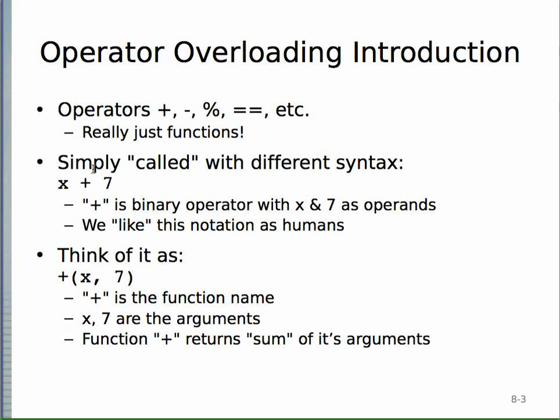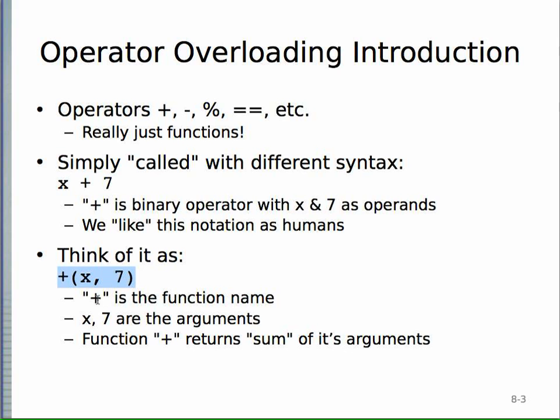We like this notation, that is, we like x plus 7, rather than saying plus x 7. That's not so intuitive, mainly just because of the way mathematics has evolved. We like looking at expressions like this. But in fact, what we're really doing is this. It's just that we don't see it this way.